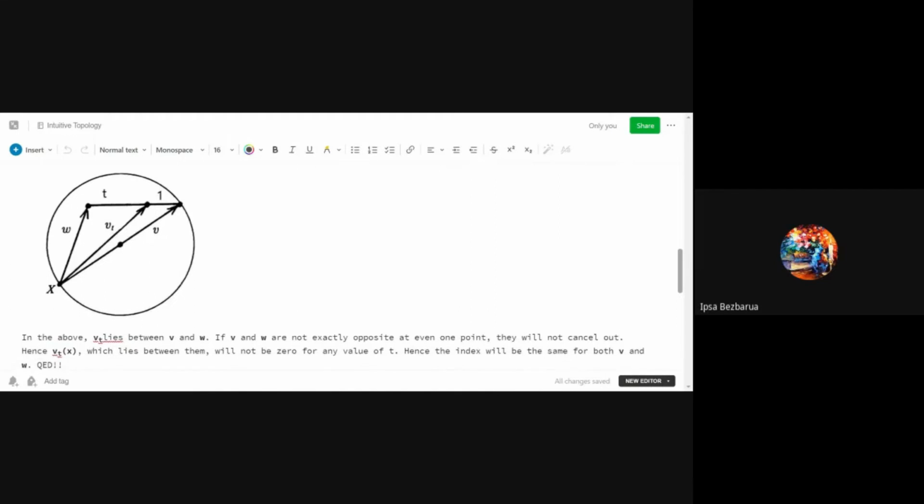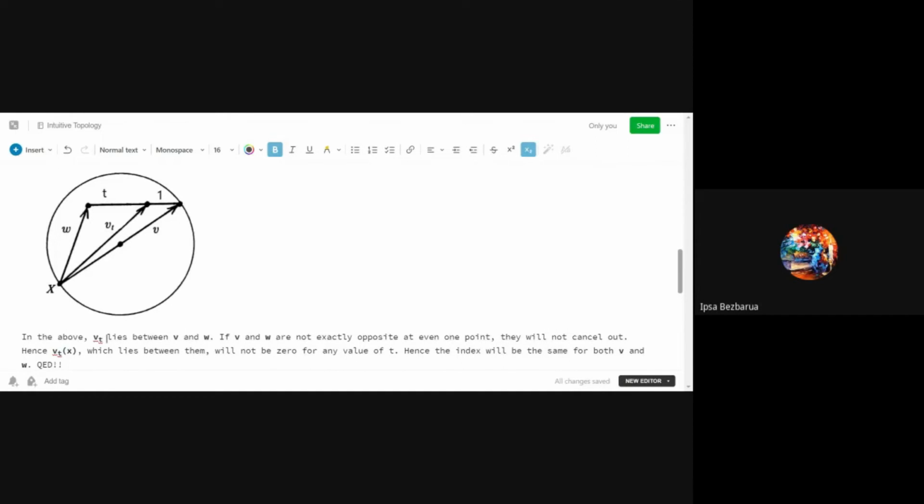To prove this, I take a point x, and this is the vector field v. This is the vector field w. These vector fields have a magnitude and a direction. At the point where these two stop, I draw a line between them, and I consider some variable t.